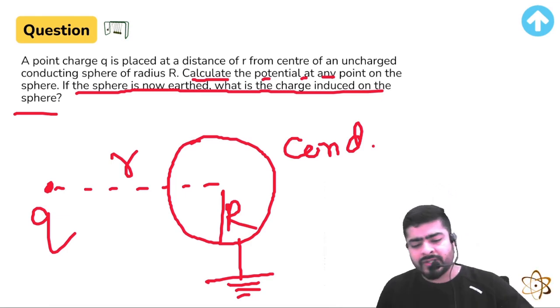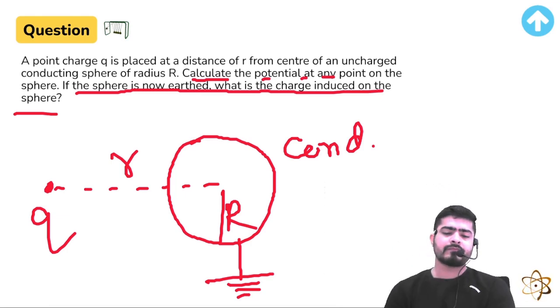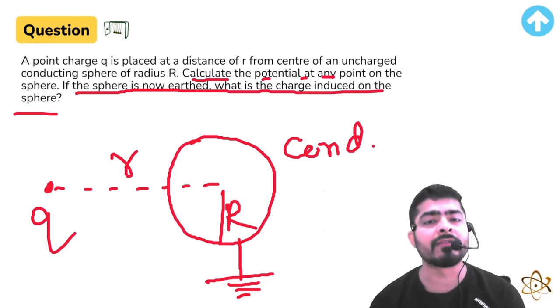So initially the conductor is not connected to anything, then you are earthing the conductor. A little difficult question for many of you, but those who have seen this question will find it easy.